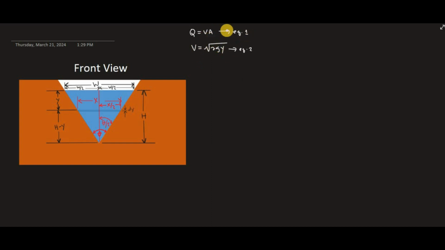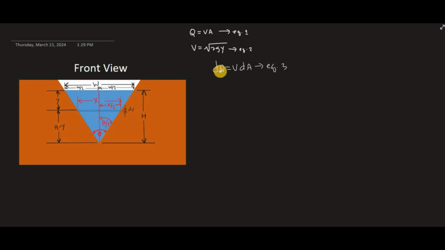Okay, now we can utilize equation 1 to calculate the discharge at this extremely thin horizontal strip. First, let's rewrite equation 1 in its fundamental form, which is dq equals v dA. And let's label this as equation 3.